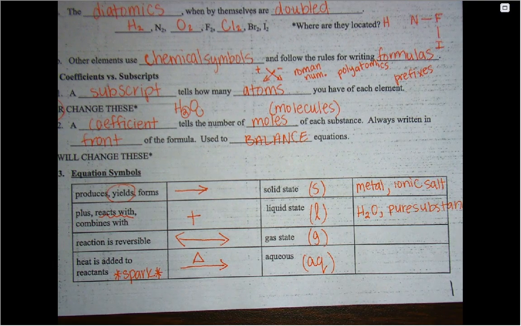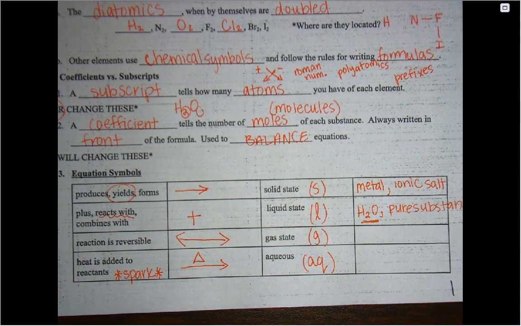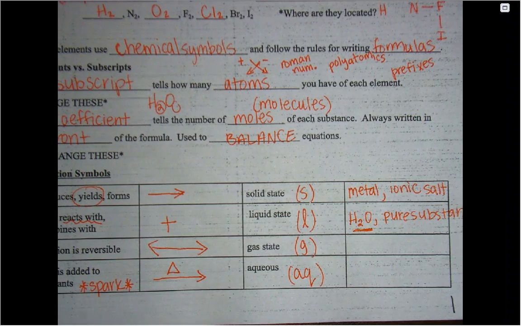A saltwater solution, is that a mixture or pure substance? It's a mixture, which means you will not be using liquid for most of the things that you're going to be mixing together in here. We don't use liquid, except for the most part, water. As soon as you see water, put liquid, okay? There's an exception to that, but don't worry about it.